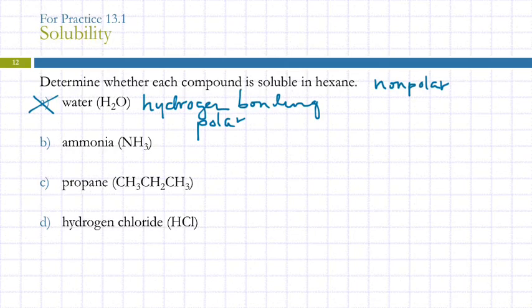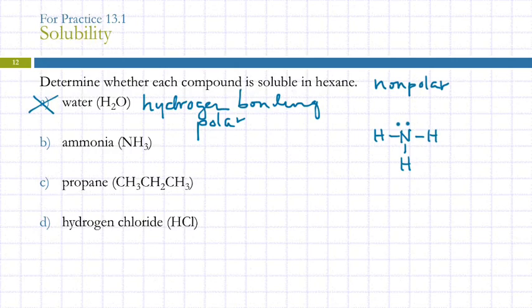Ammonia. Is ammonia polar? You might remember, but you can't tell just by looking at the formula, because it kind of depends on what's going on with it. So ammonia is 3 hydrogens bonded to a nitrogen. Are there any lone pairs? Yeah, there's going to be a lone pair on the nitrogen.